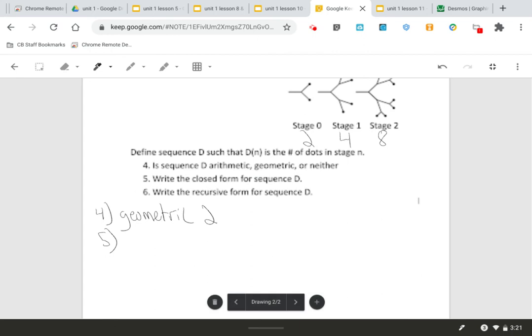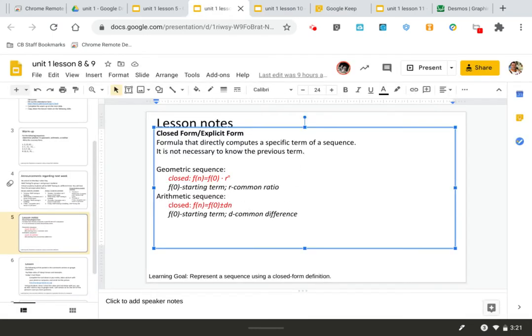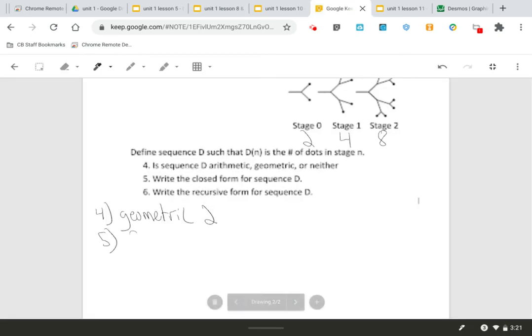Number 5, we're going to do the same thing we did with the last one. What is the closed form for sequence D? This is a geometric sequence, so for the closed form, we're going to use that one right there. Let me write the formula down. It'll be f of 0 times r to the power of n.